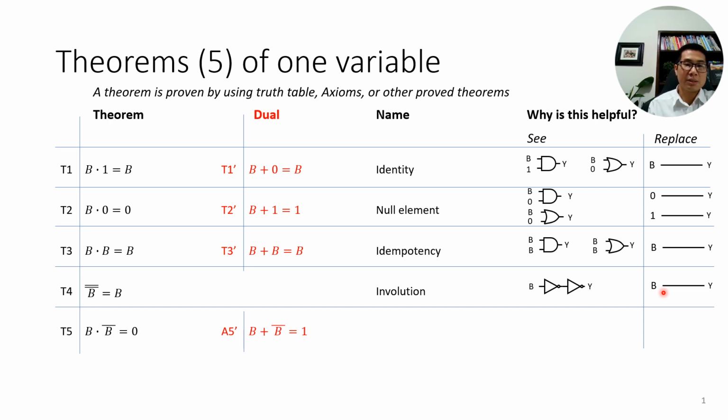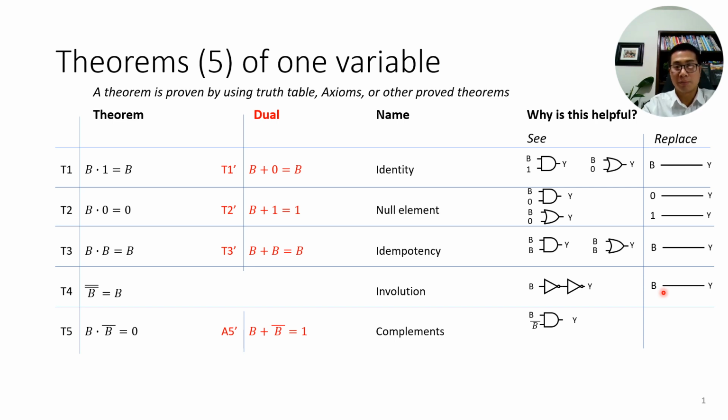So this one is B plus not B is 1, or B or not B is always true. That one is simple. This one is called complements. Itself or not itself, of course, is always true. This one is important in simplification of our Boolean equations.